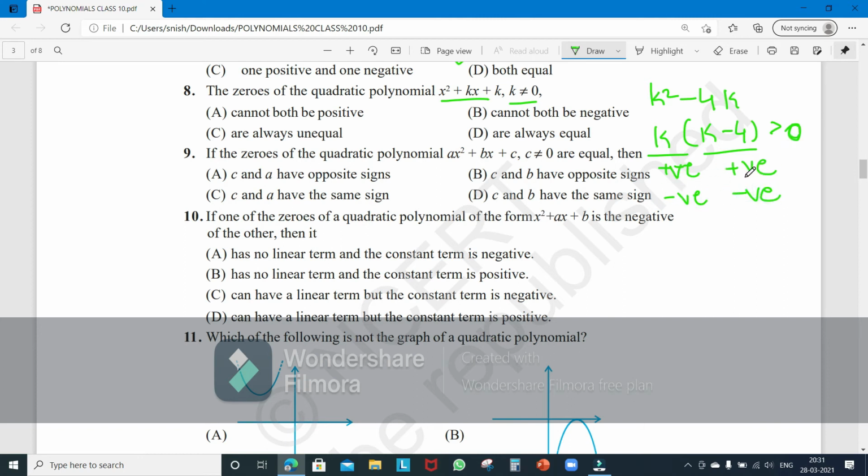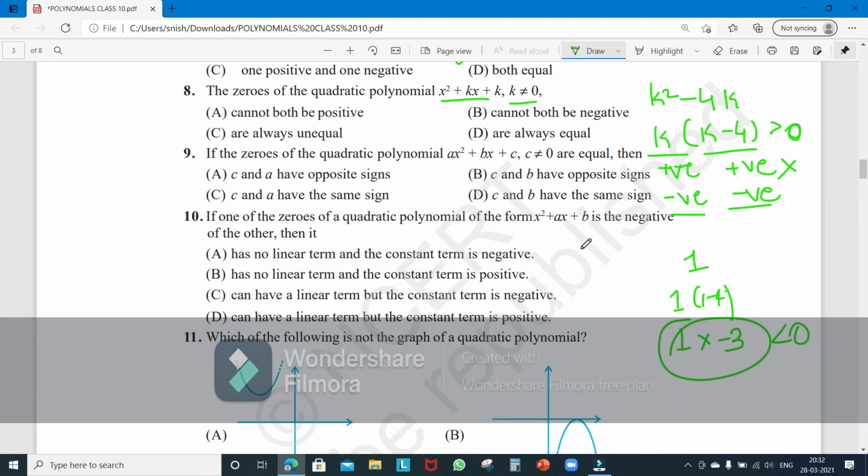But the catch here is, if I take k to be, suppose, 1, you'll get 1 into 1 minus 4, which is negative 3, so this will become less than 0. So you can't tell in every case both are positive, right? But when both are negative, for sure you will get the outcome to be positive.